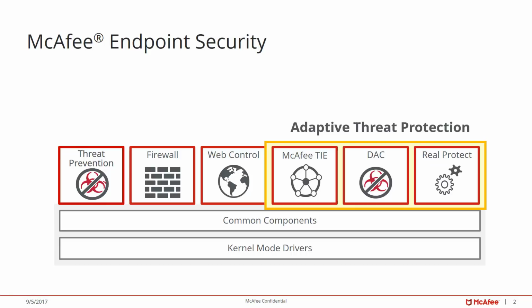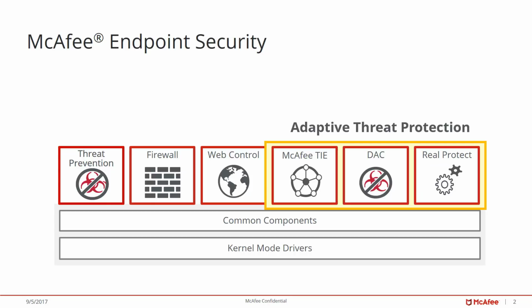This is a module you can add on to endpoint security that brings with it some next generation technologies for protecting your endpoints. That would include, among other things, machine learning. There's a technology called Real Protect that includes a pre-execution machine learning capability, and then also a post-execution analysis where we can do analytics on behaviors.